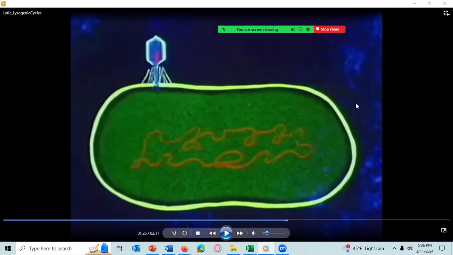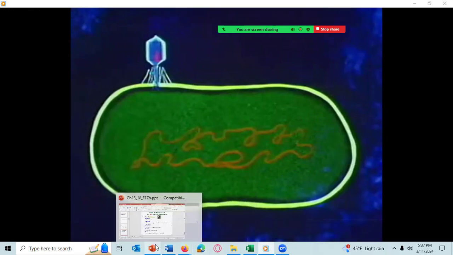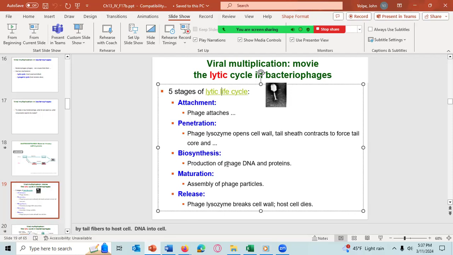All right, I guess I don't want to end that because I want to continue the movie later. Go back here. So first there's attachment where the bacteriophage actually attaches to the host cell.